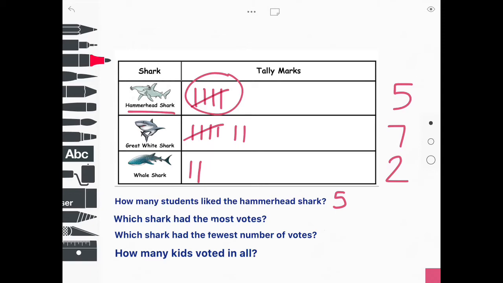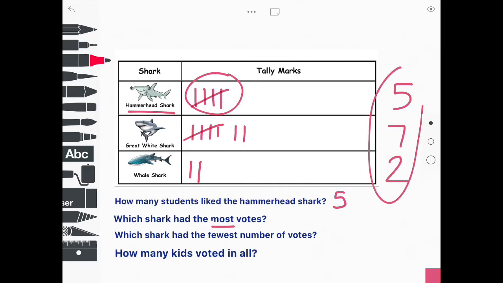Ooh, the next question says, which shark had the most votes? Well, I know that the buzzword in this problem is the word most. I want you to take a minute and think about which shark has the most number of votes. If you said the great white shark has the most number of votes, you are correct.